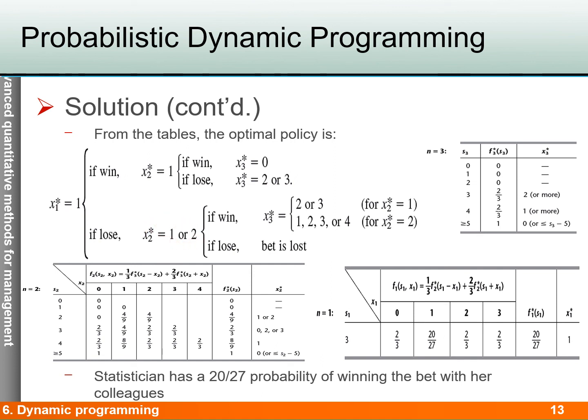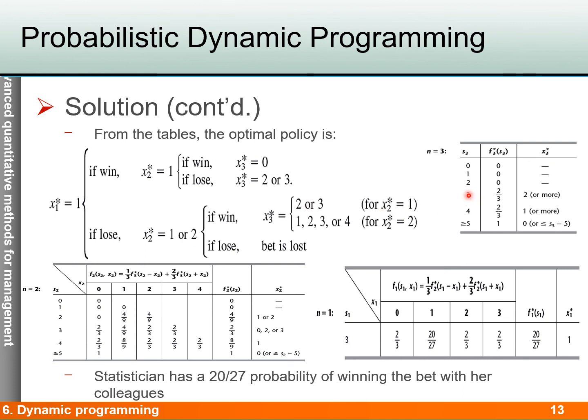We continued up to this part. In the case of winning this 1 or 2, what is the meaning of that? 3, sorry, minus 1 is 2. Winning 1 or 2, that is 2 plus 1 is 3.